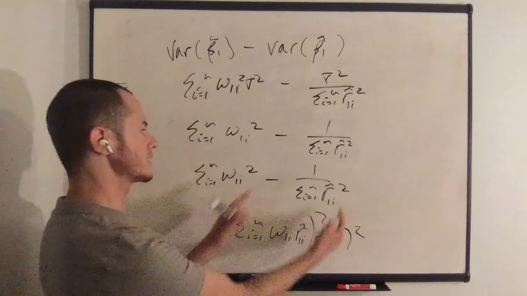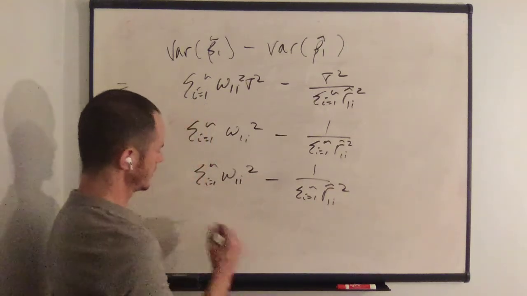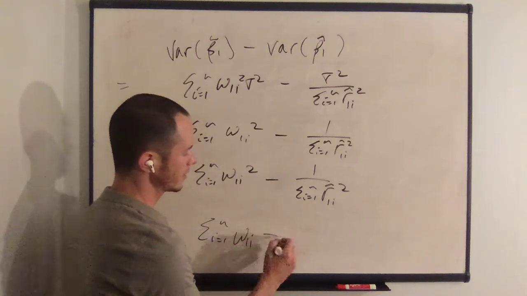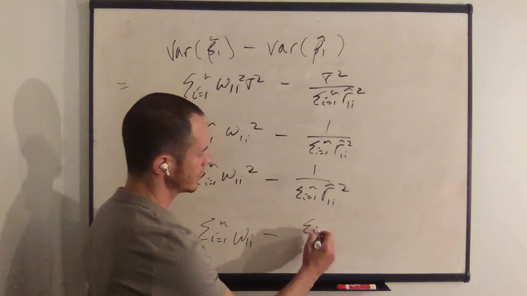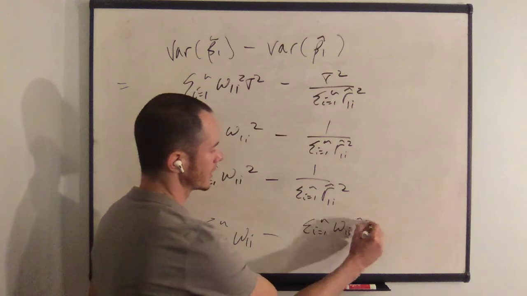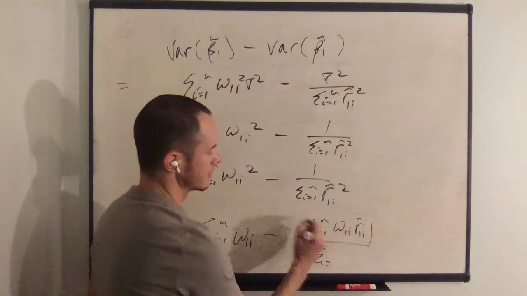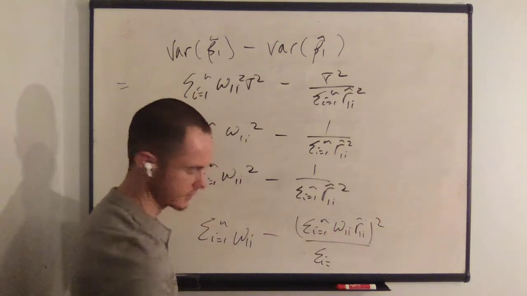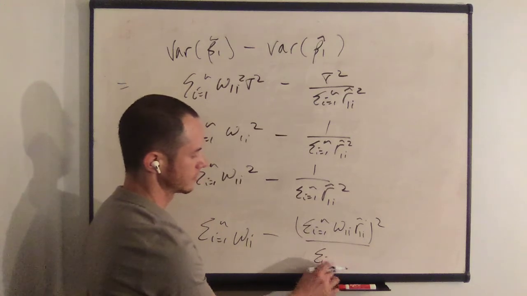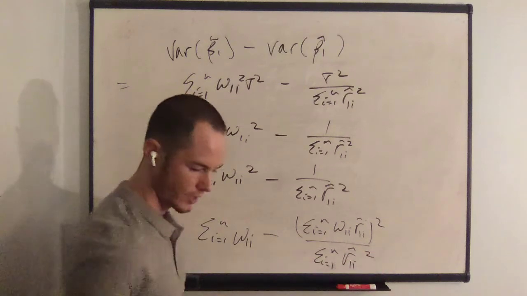So we're going to substitute this into the numerator so that we have the sum from i equals 1 to n of w1i minus the sum from i equals 1 to n of w1i r1i hat, that whole thing squared, over the sum from i equals 1 to n of r1i hat squared.